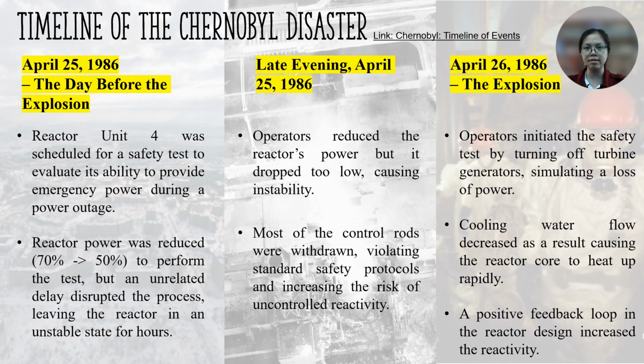On April 26, when the test began and the explosion occurred, the operator initiated the safety test by turning off the turbine generator, simulating a loss of power, and the cooling water flow decreased as a result, causing the reactor core to heat up rapidly. Hence, a positive feedback loop in the reactor design increased the reactivity.